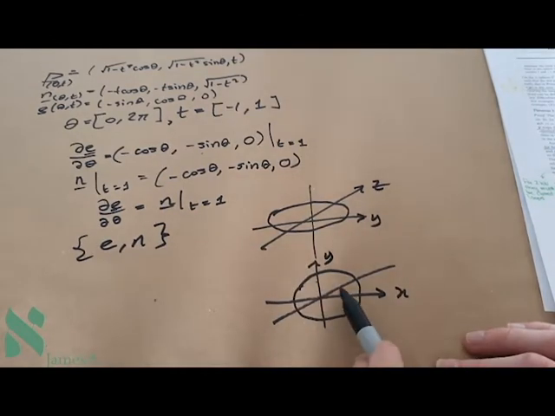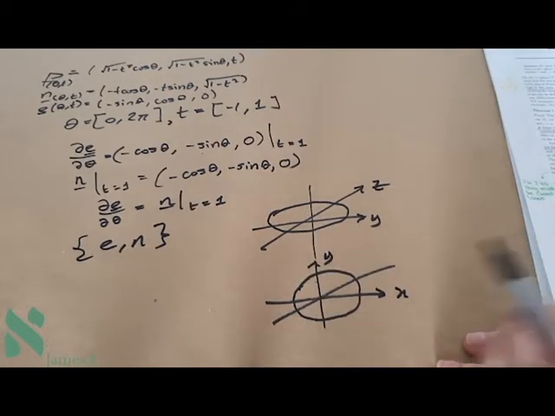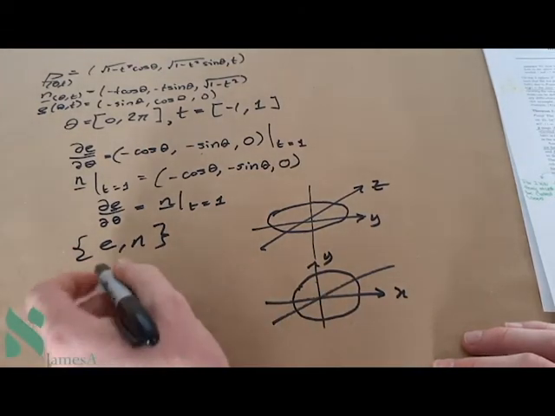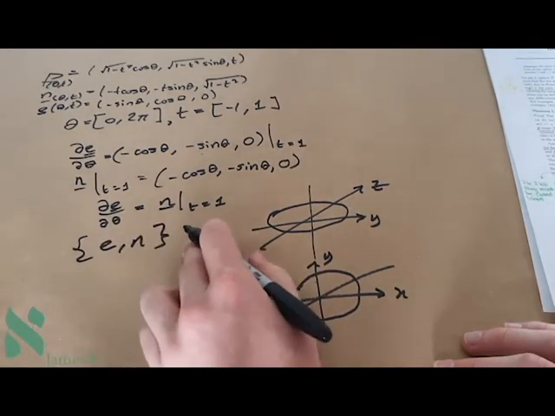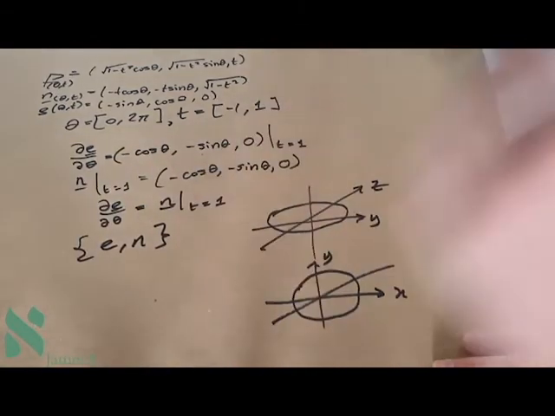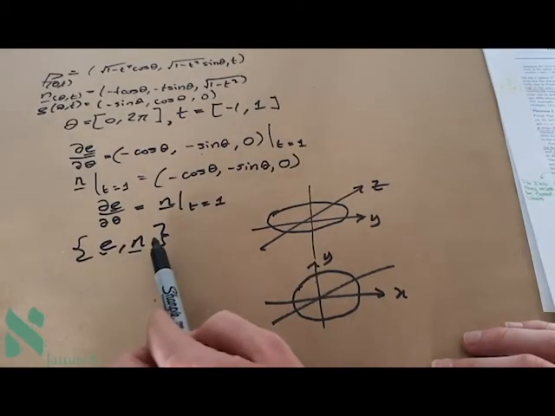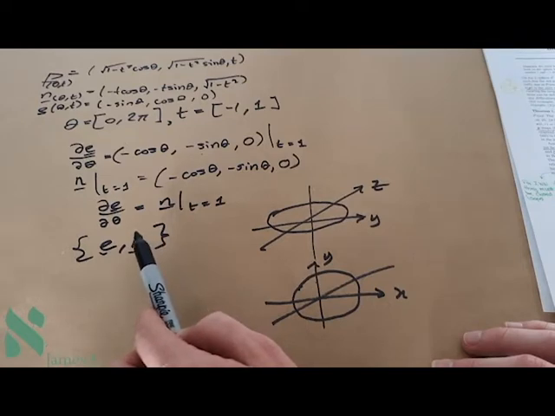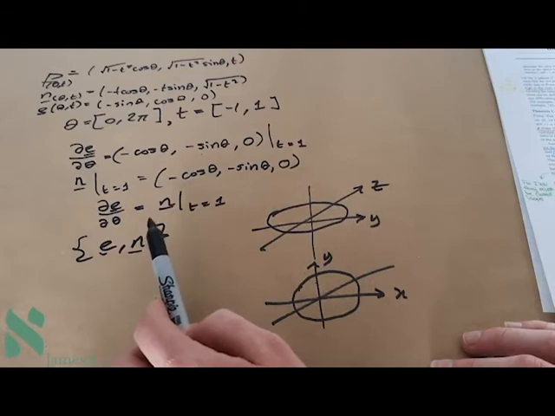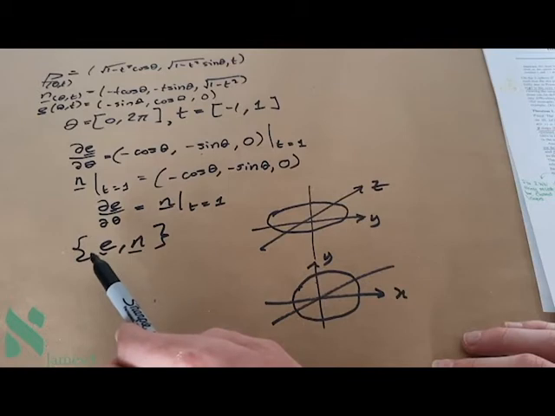So you can take any point on here and any point on there, and that'll form a basis of the sphere. Because we know it's the basis, and we know that the partial derivative of E with respect to theta is N, we can say that this rotates in a positive direction with increasing theta as you get to the North Pole, and when we get to the South Pole, it goes in a negative direction with increasing theta.